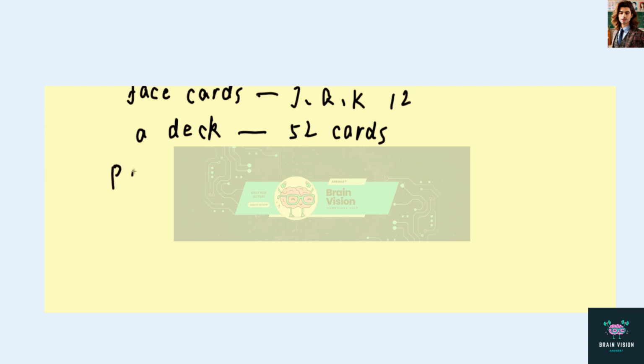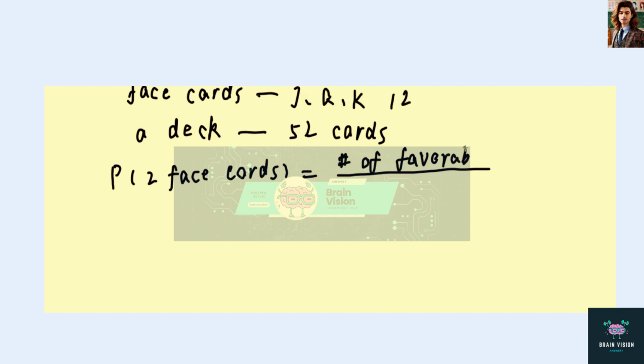So now the probability of drawing two face cards equals the number of favorable outcomes divided by the total number of outcomes.